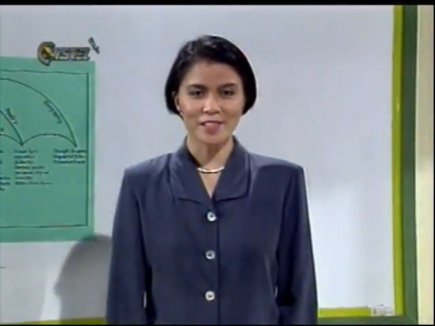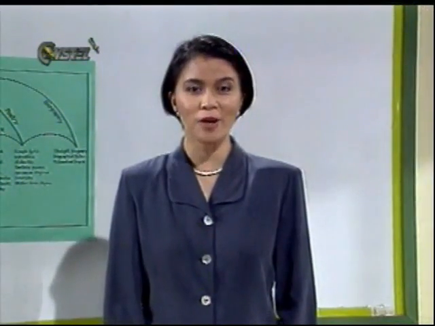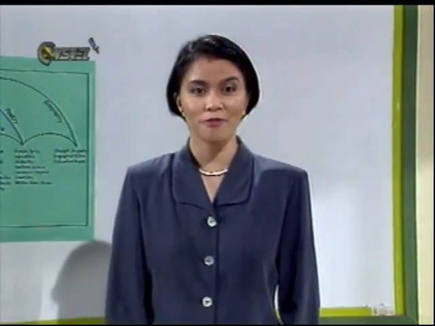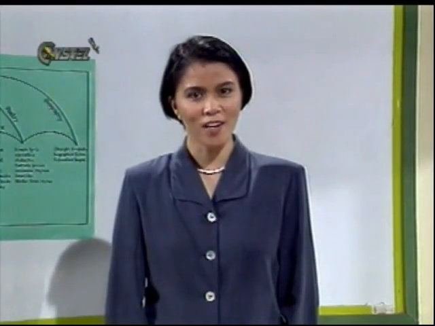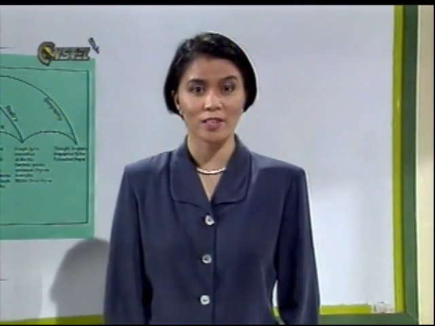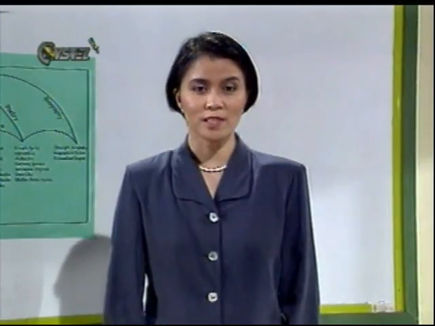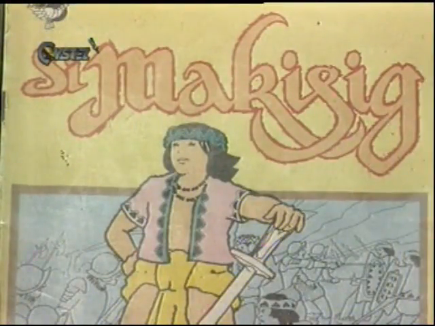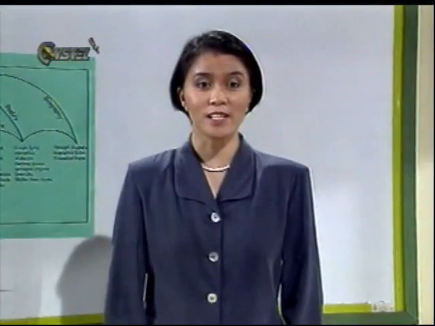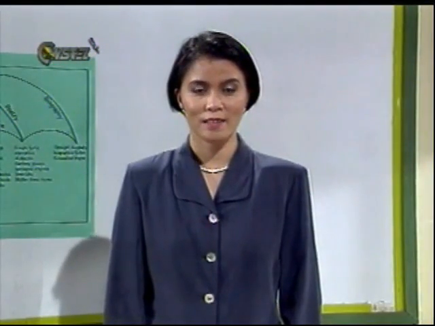Other older readers find excitement in reading about the past as in historical fiction, like Kangkong 1896 by Ceres Alabado. It is a novel of the Philippine Revolution told from the point of view of a young boy. Gemma Cruz's Makisig, Boy Hero of Mactan, is set in an earlier period of our history.